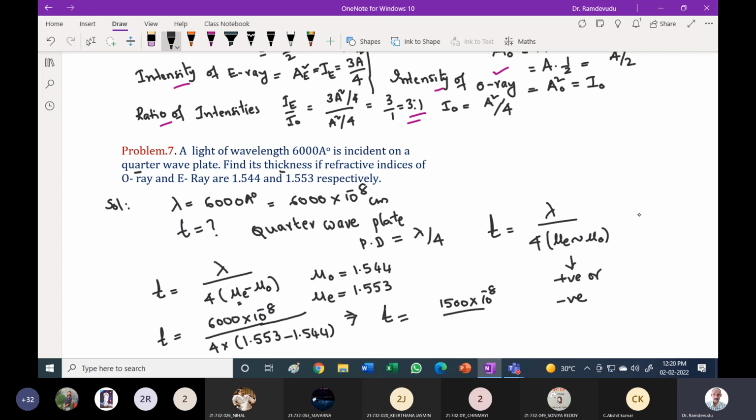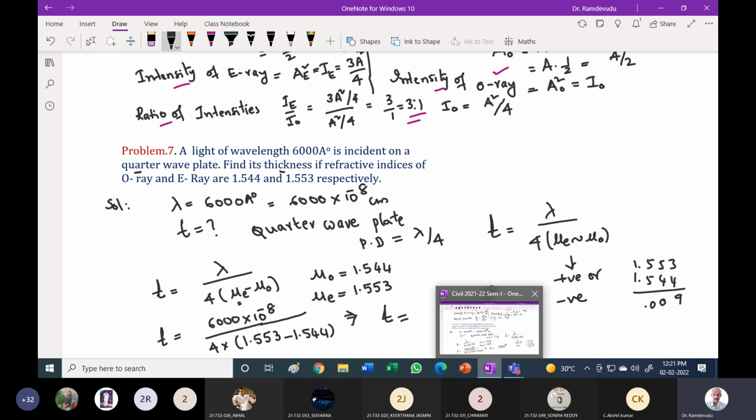And if I subtract 1.553 minus 1.544, how much are you getting? 0.009. So I have to write it as 9 into 10 to the power minus 3.